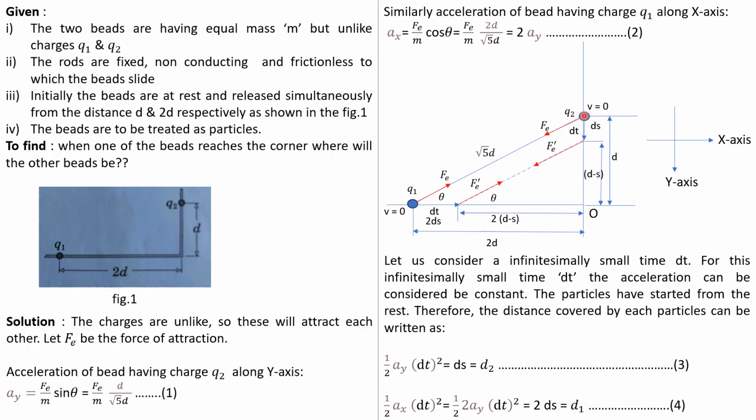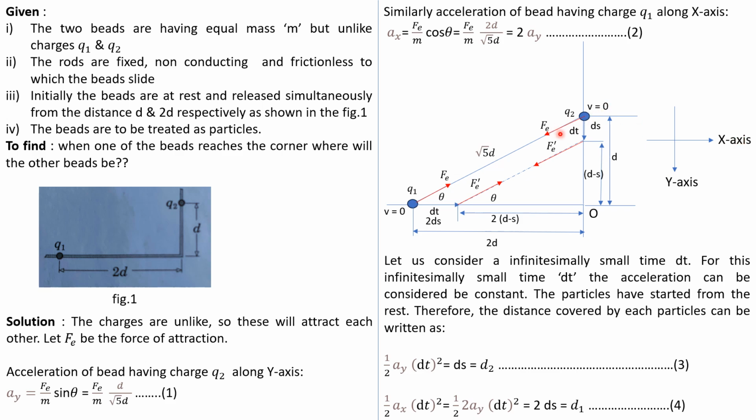So what will happen when we release particle 2 and particle 1 from rest? The force is acting in this direction on particle 2. So it will have a component in the y direction. We have taken y direction as downward and x direction as this.